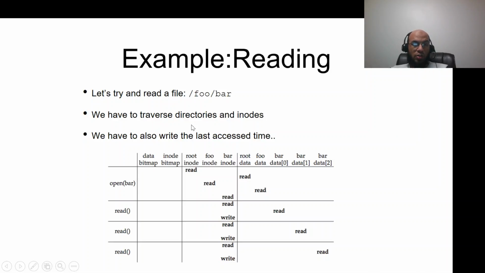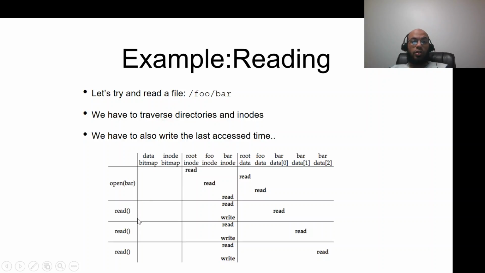So slash is your root inode, then foo inode, then bar inode, and you have reads propagating that way, to open the file. Then you read the root data, you read the foo data, and then you do not read the bar data, because both root and foo are metadata. They are more like the directory entries.